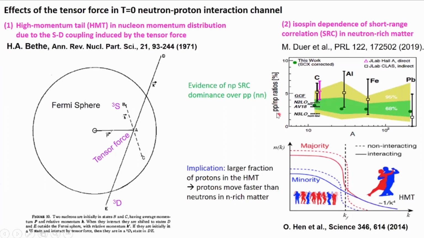So if you look at the ratio of proton-proton over neutron-proton correlations, this ratio is only about 3%. Okay? So it's really neutron-proton dominated, and that's mainly through the tensor force.